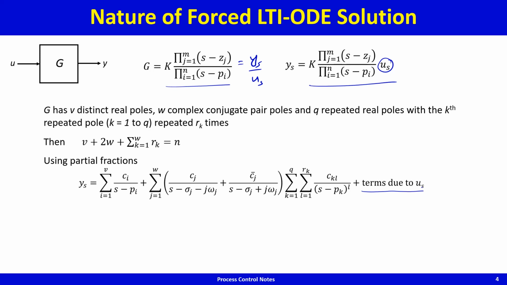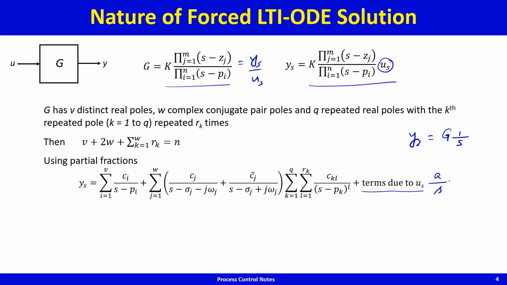For example, if U(s) is a step, you will have G times 1 over s, that will be Y(s), and therefore you will get an additional term, which for a step would be a partial fraction coefficient divided by s.